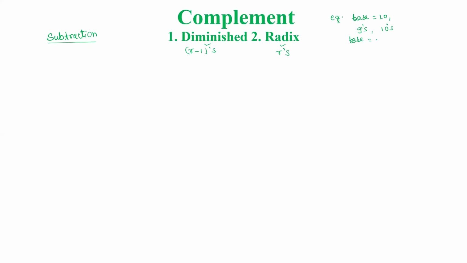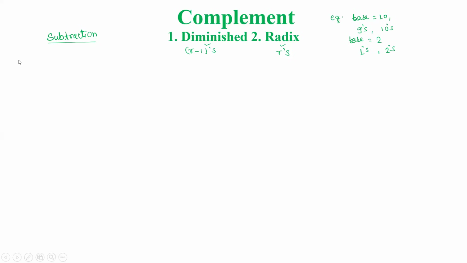If the base or radix is 2, then the diminished complement is the 1's complement and the radix complement is the 2's complement.